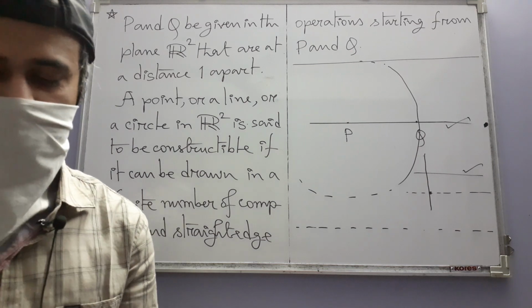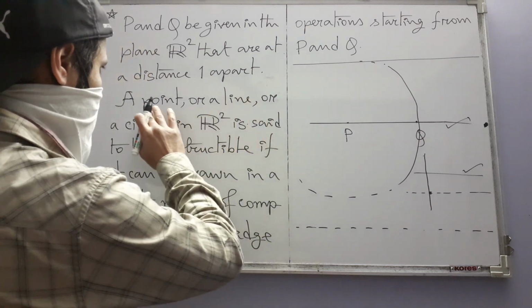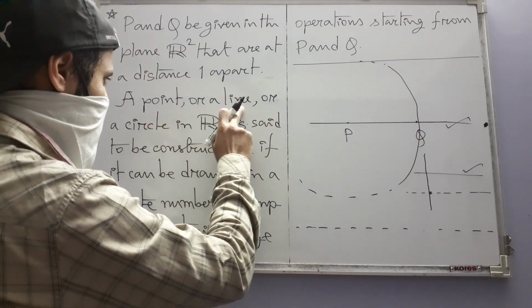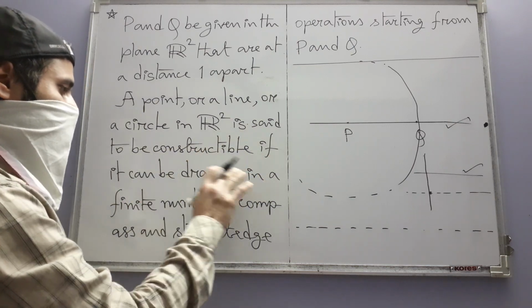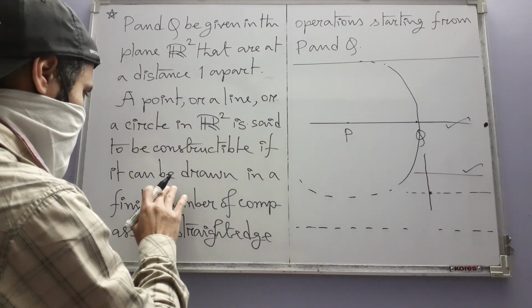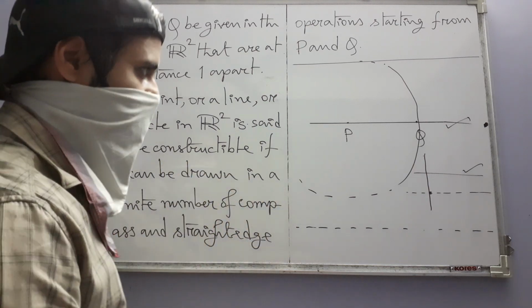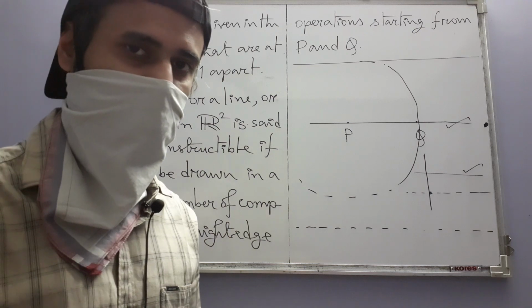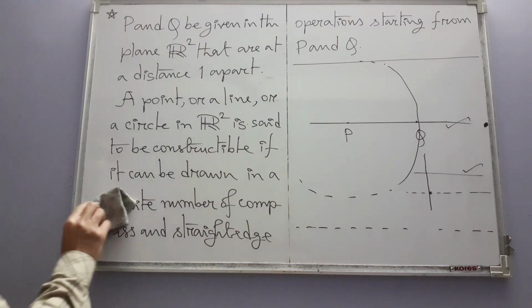The definition is not over yet. So we have said that a point or a line or a circle in R2 is said to be constructible if one can draw it in a finite number of compass and straightedge operations starting from P and Q. But then we continue our definition.